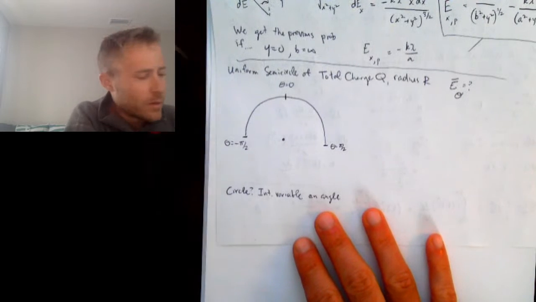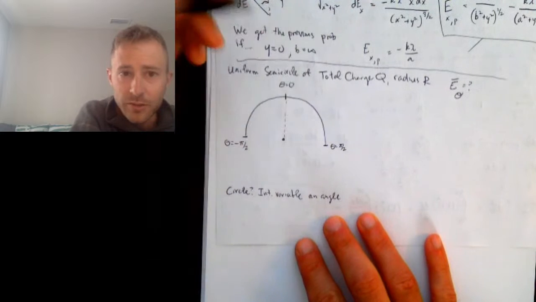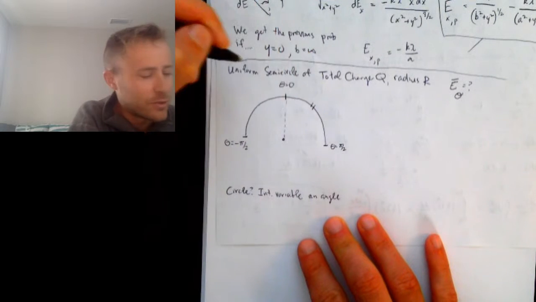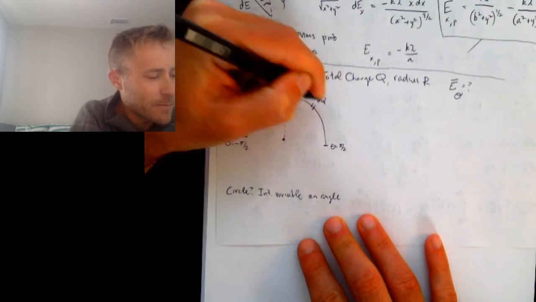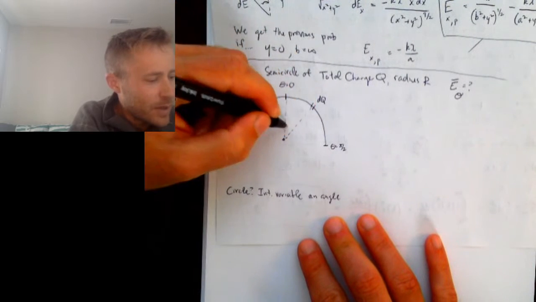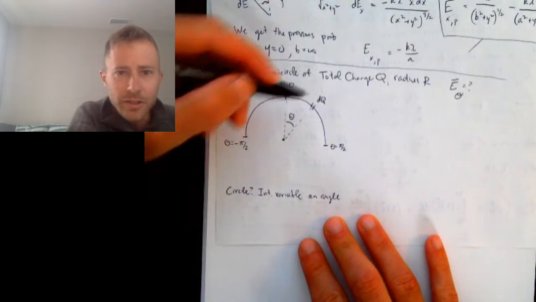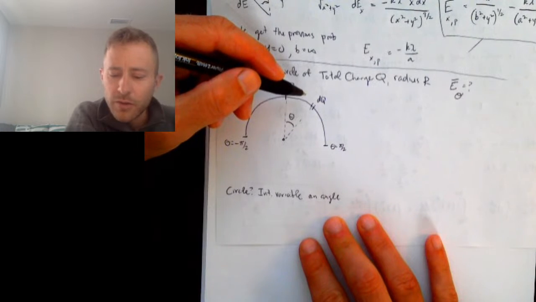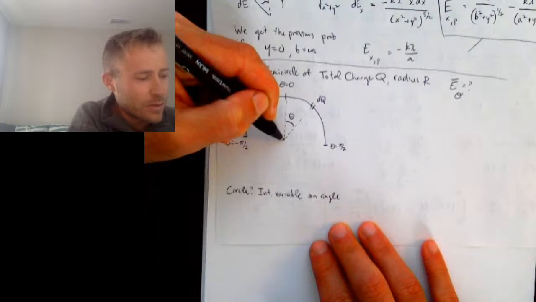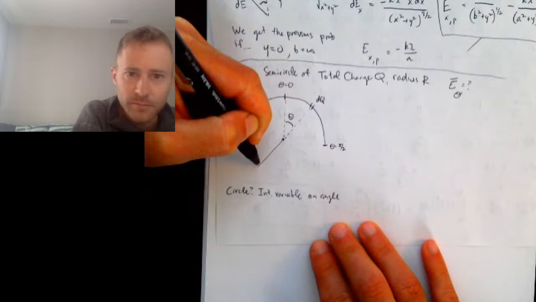All right, so now I'm just going to consider a little piece of charge on the circle. So this is dq. And it is at an angle theta. So dq creates a little bit of electric field that points away from it, so that would be in this direction.